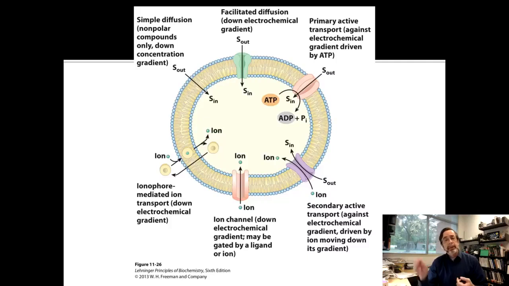That means you're moving the substrate probably through a positive delta G reaction, but you're paying for it with ATP's negative delta G. You can also have secondary active transport, where one of the two things that's going on can be negative delta G, and it can pay for a positive delta G transport. Or maybe they're both negative. Maybe they won't both be positive, because then it wouldn't happen.